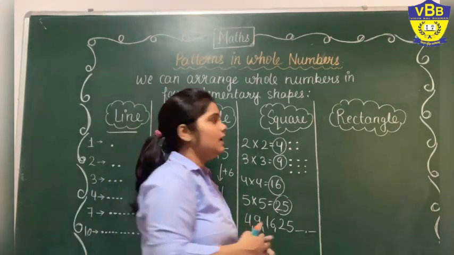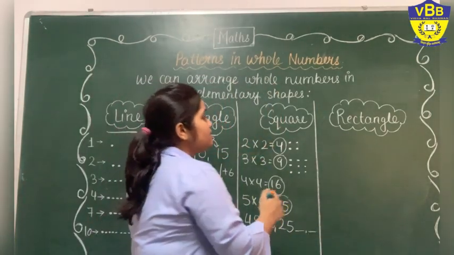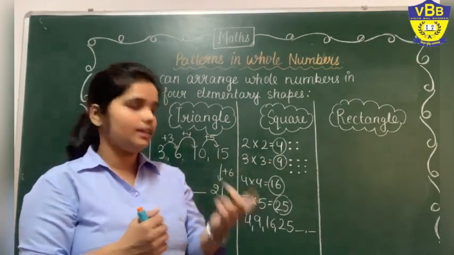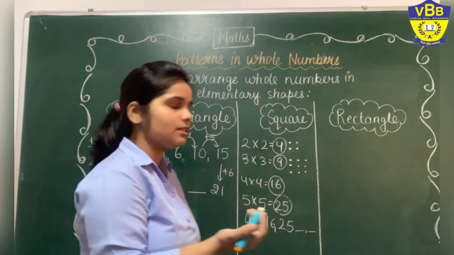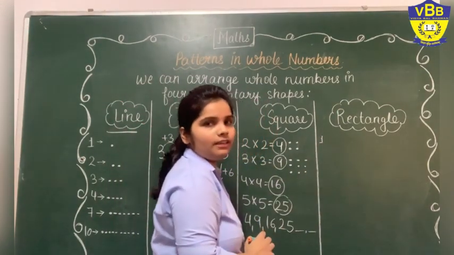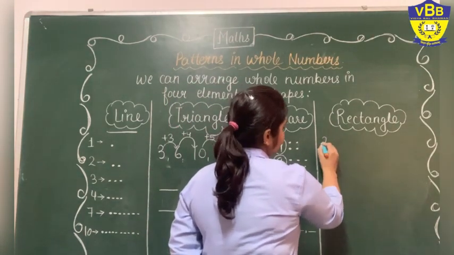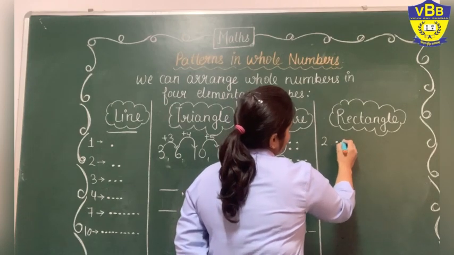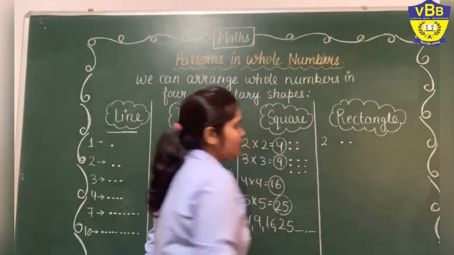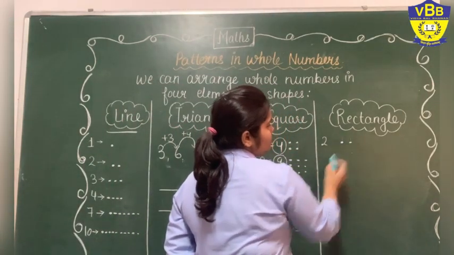After that, if we are talking about rectangle numbers, some of the whole numbers can be arranged in a rectangle. What are those numbers? Look, we cannot arrange 1 as a rectangle. Can we arrange 2 as a rectangle? Yes, if I write these 2 dots, it forms a rectangle as there are 1 row and 2 columns.